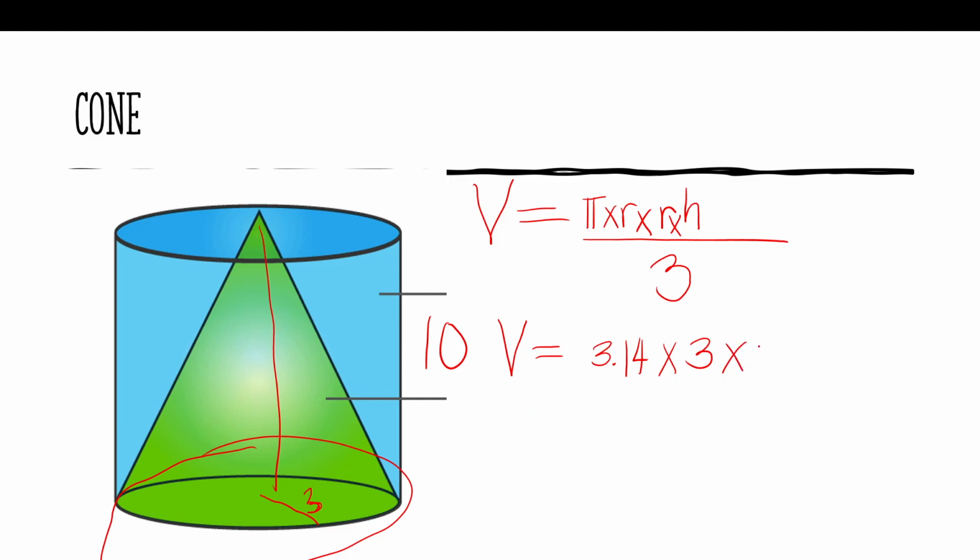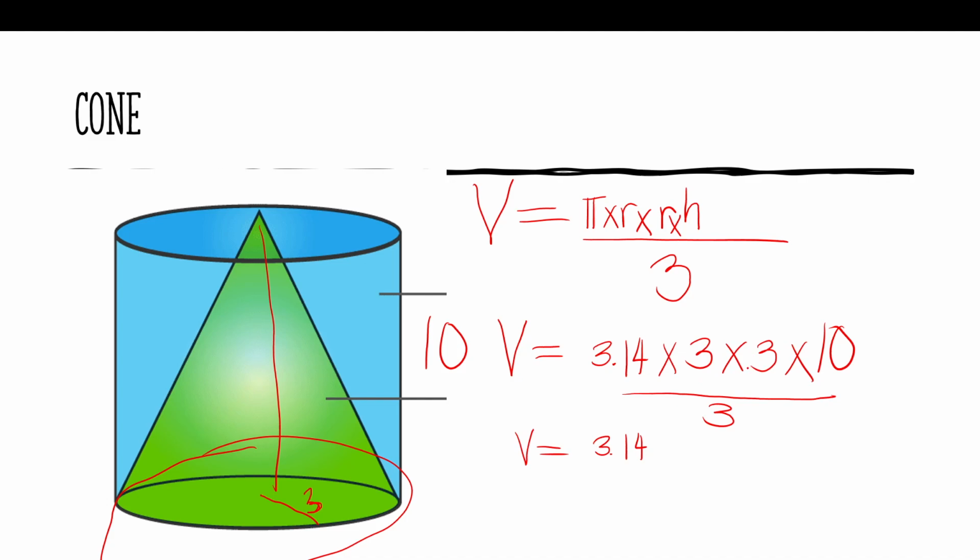So dahil r squared, another 3. And then the value of the height is 10. Tapos, meron pang divided by 3. So muli, unahin natin itong mga whole numbers para hindi tayo masyadong maguluhan sa decimal numbers.